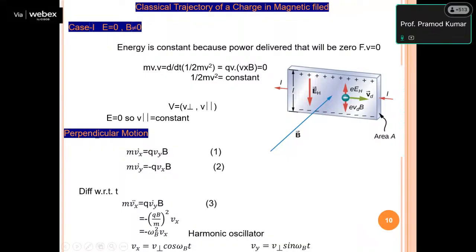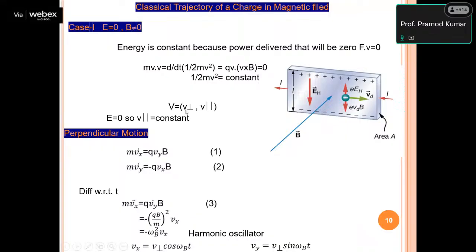If you take m v dot v, d by dt of half m v squared equals the Lorentz force multiplied by velocity, which equals 0. It means half m v squared equals a constant. That's what I'm saying: whenever E equals 0, energy is constant because the power delivered is 0.